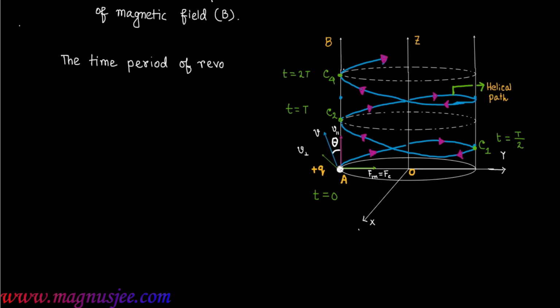The time period of revolution of the charged particle is the time taken to travel along that helical path from point A to C2.